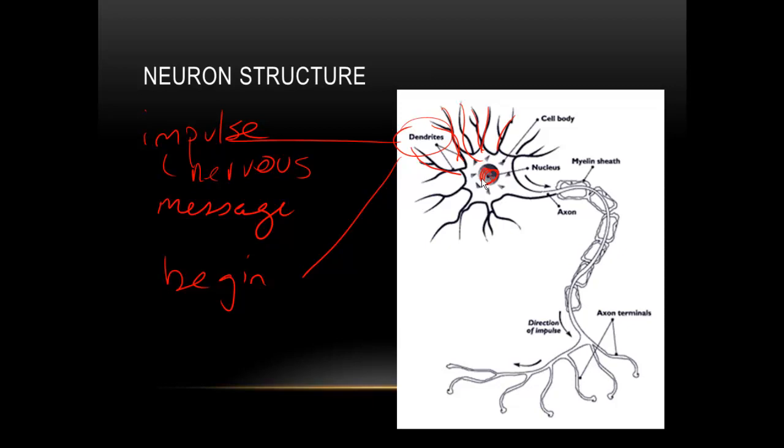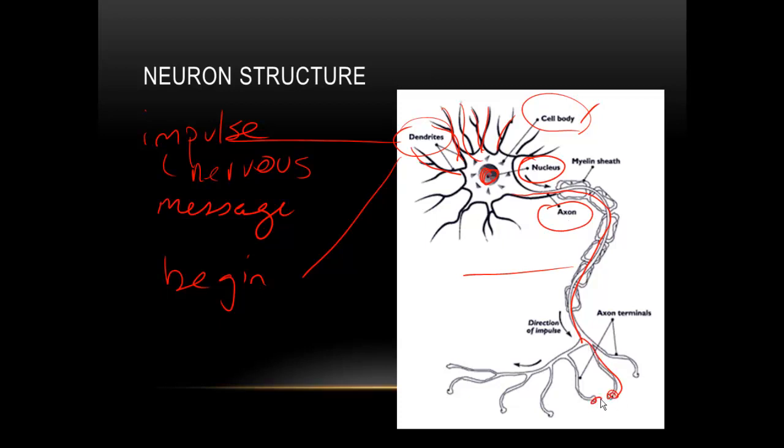It moves through the cell body. The cell body is the place where we find the nucleus, and this is the center of the cell. So it would be the normal cell part of the neuron. From there, the message is going to go out along this long part of the neuron, the axon, and then end.